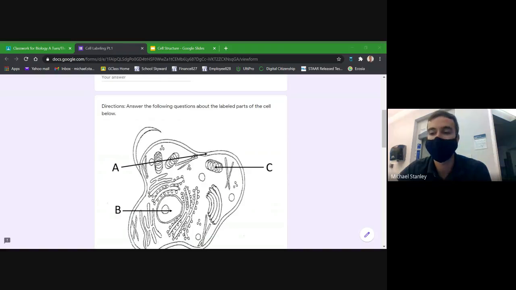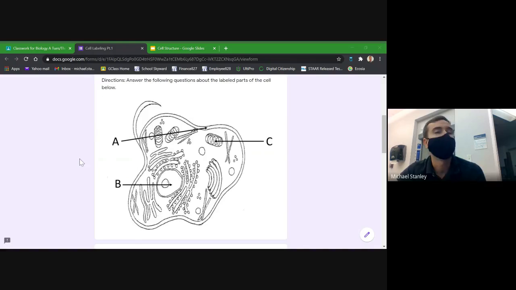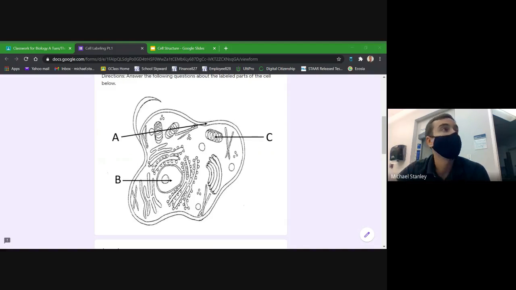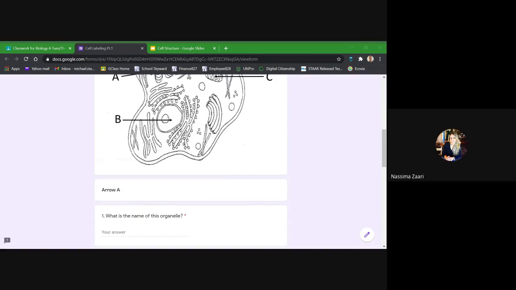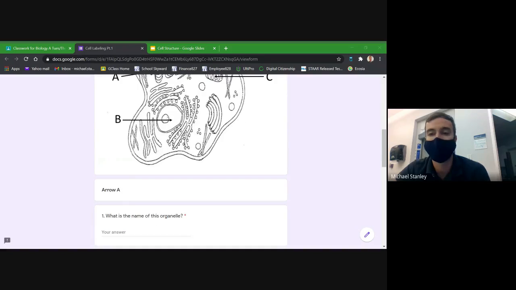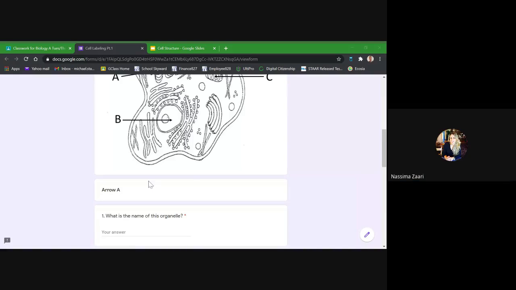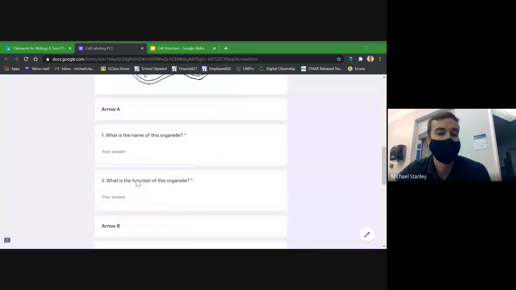And for each arrow on here, I want you to tell me what is the name of the organelle or the structure that is being pointed to, and what is the function of this organelle.